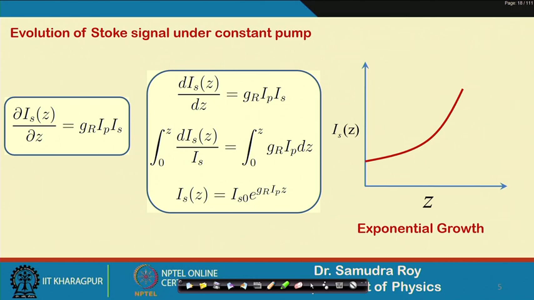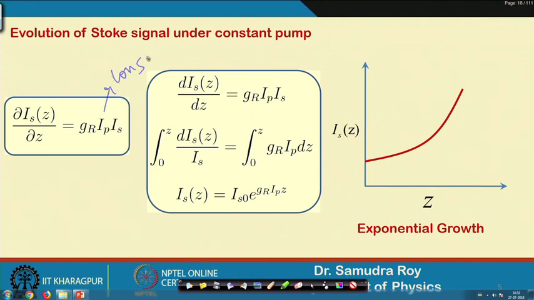So, if I solve the coupled differential equation, we will have this equation in our hand, and this coupled equation now does not remain coupled because I p is constant.